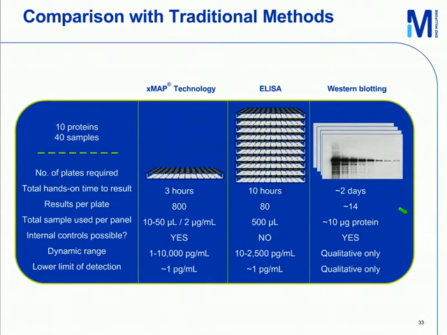The first slide that we have here is a comparison of our MILLIPLEX panels using the Luminex xMAP technology with traditional methods such as ELISA and Western blotting.